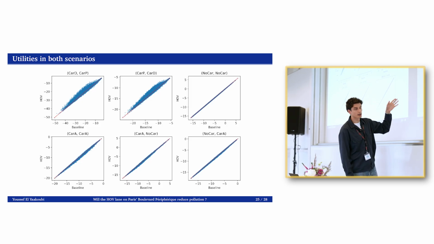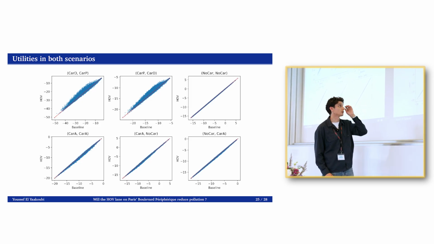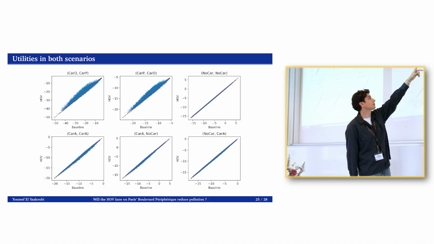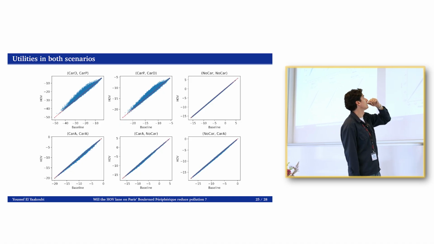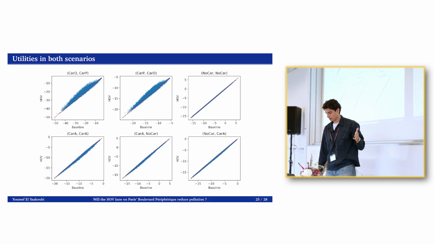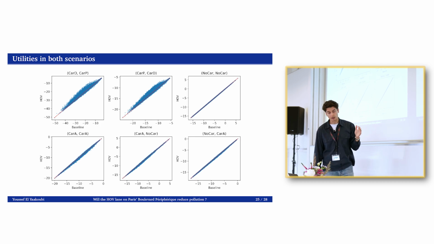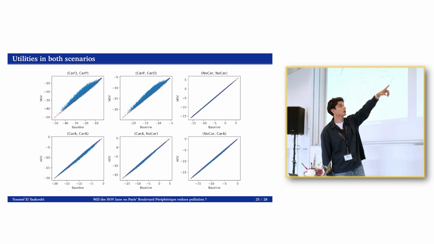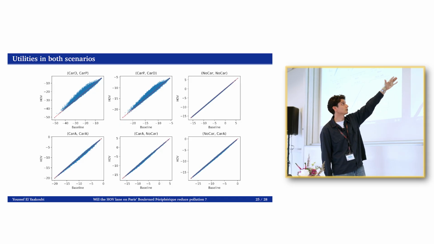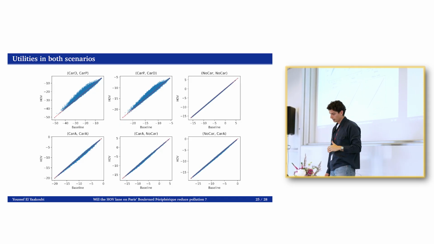On the y-axis, you have the HOV scenario. On the x-axis, you have the baseline scenario. Those two modes up are the carpooling modes. We can see that when the woman is a driver and the man is a passenger, or when the woman is a passenger and the man is a driver, the utility of both modes is increasing.